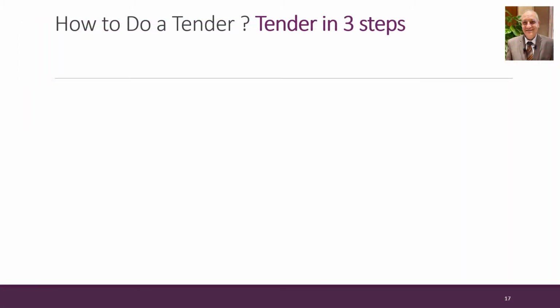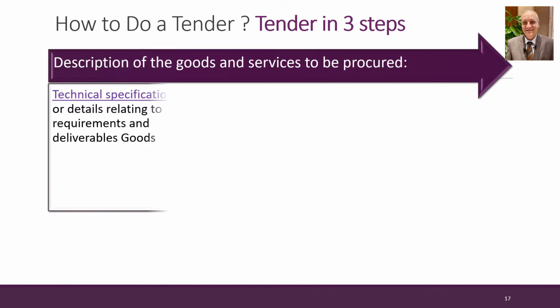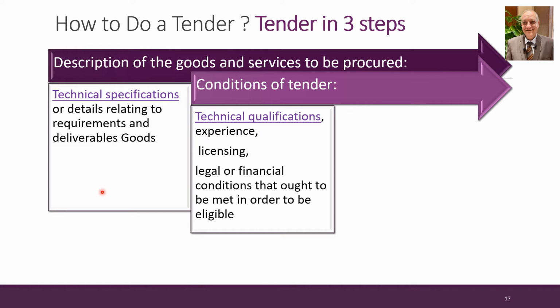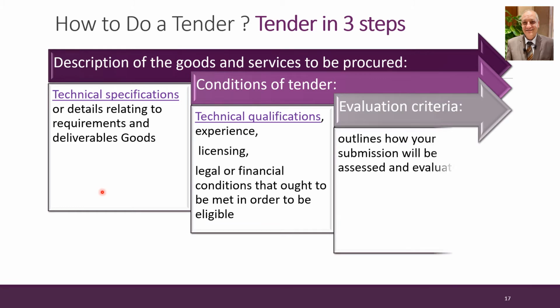First, to start with how to do a tender: description of the goods and service to be procured with technical specification, here indicated to manage different specifications of each drug; conditions of the tender, technical qualification and experience, license, legal or financial conditions that ought to be met in order to be eligible; evaluation criteria outlines how your submission will be assessed and evaluated.